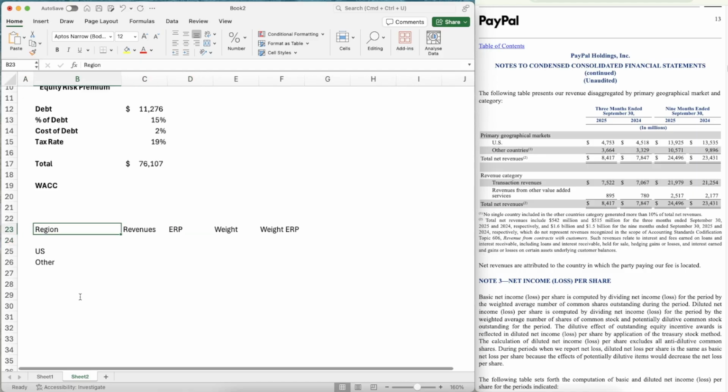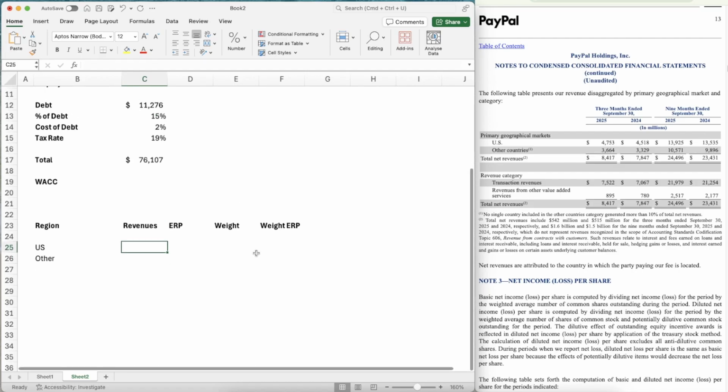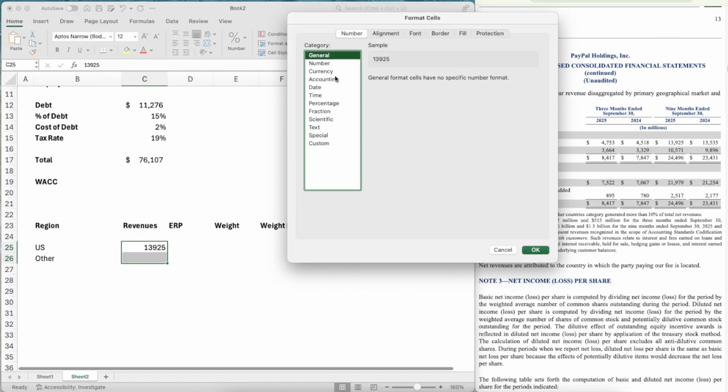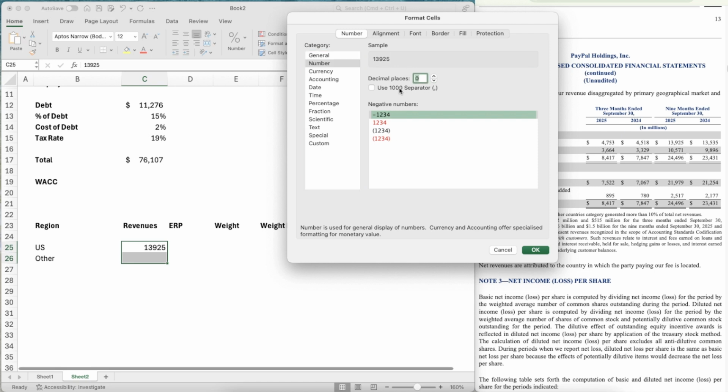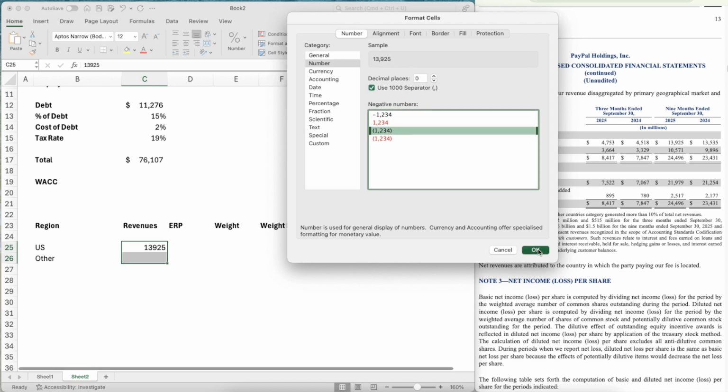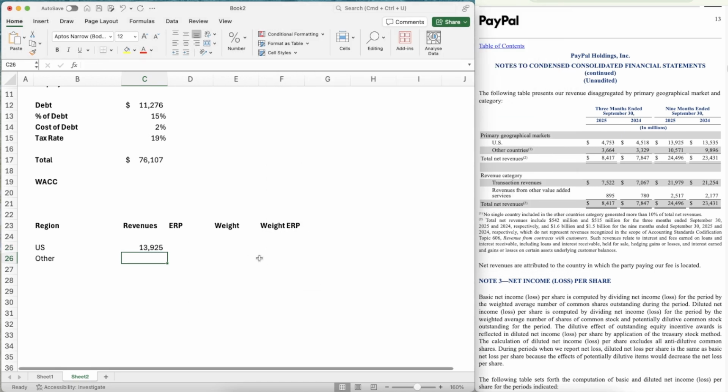So just bold this. The revenues for the US, we'll just use the 9-month figures. We don't have to annualize this. $13.95 and 10,571. The ERP, let's pull up the spreadsheet.